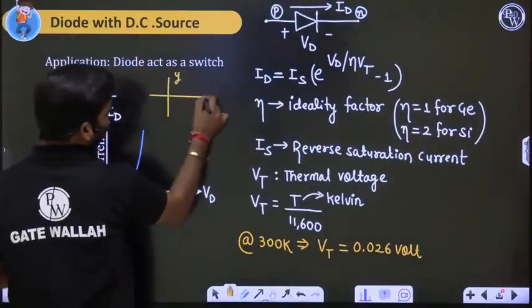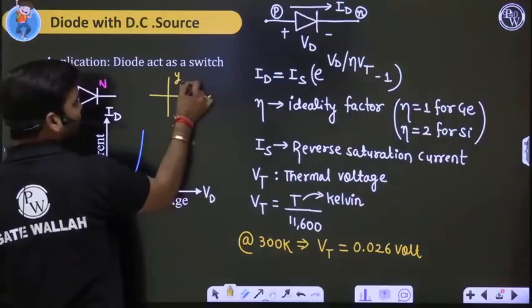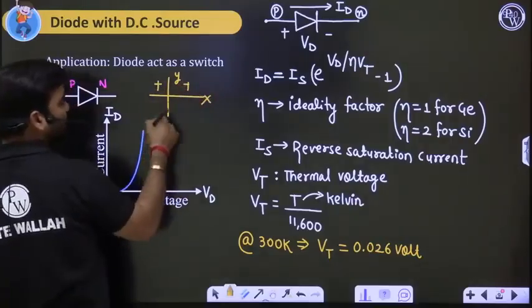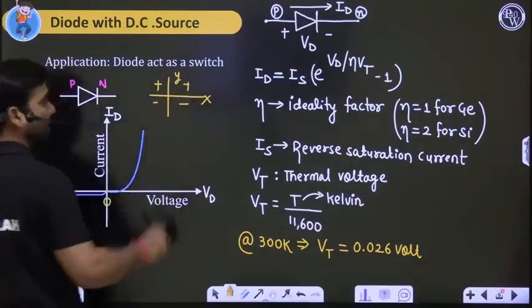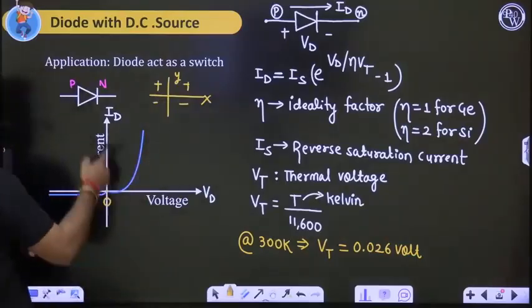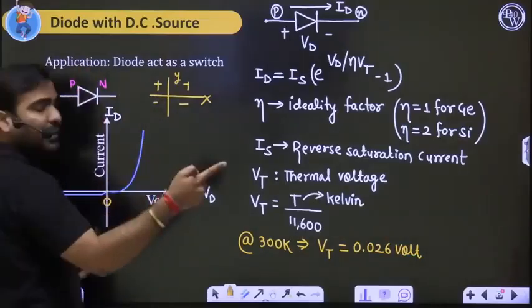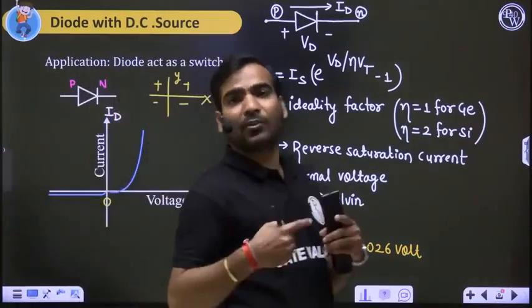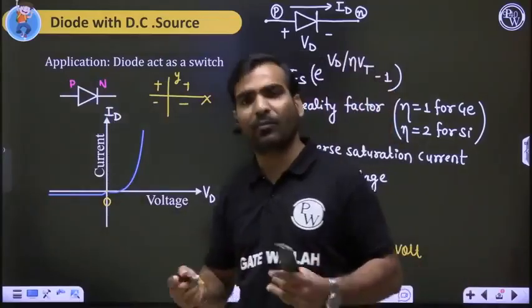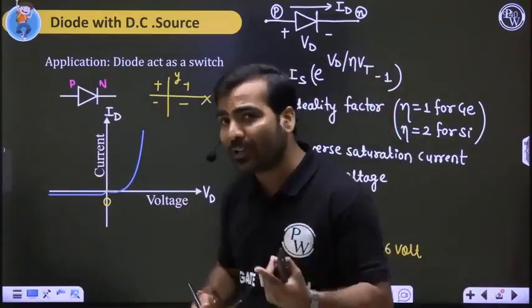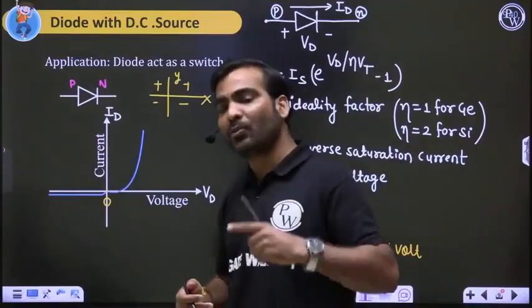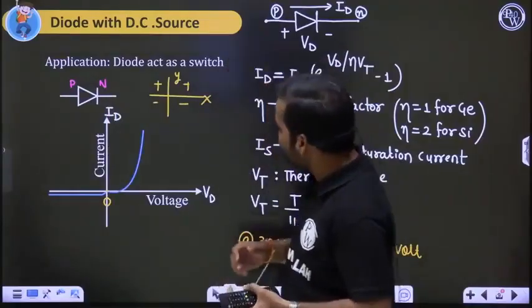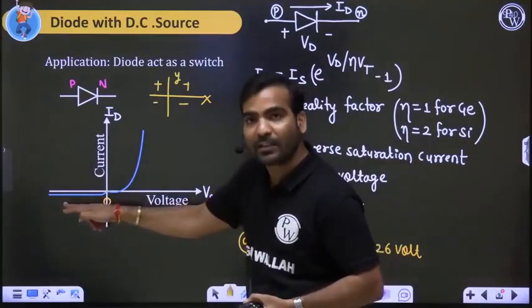This is I, this is V. Here I is positive, whereas I is negative over here. So your I axis is current. Current in the N to P direction, you are saying that it is negative. Why negative? Because in P to N you are saying current is positive, in N to P you are saying current is negative. That's why you are drawing current over here on the third quadrant.